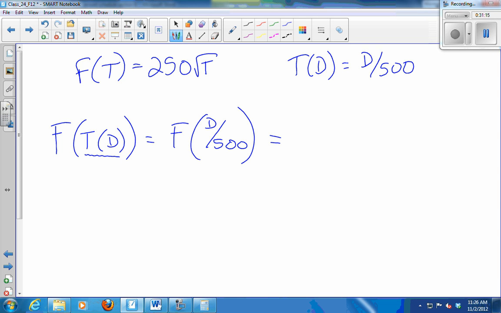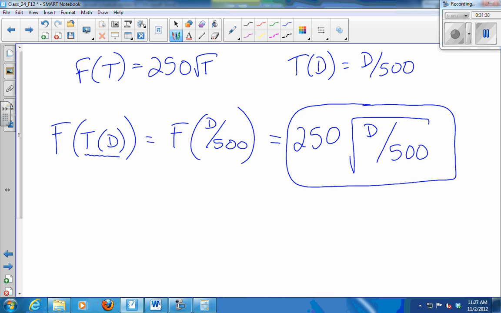And then the F function is the machine, whatever you put into it, it's going to square root it and multiply by 250. So under that square root, I'm going to put D over 500.